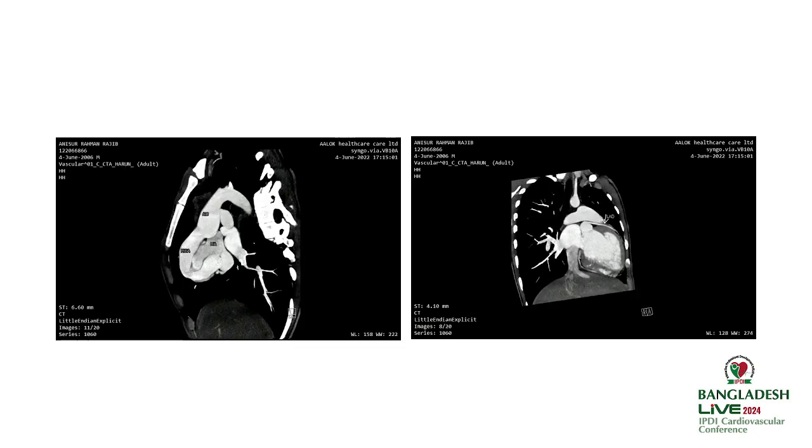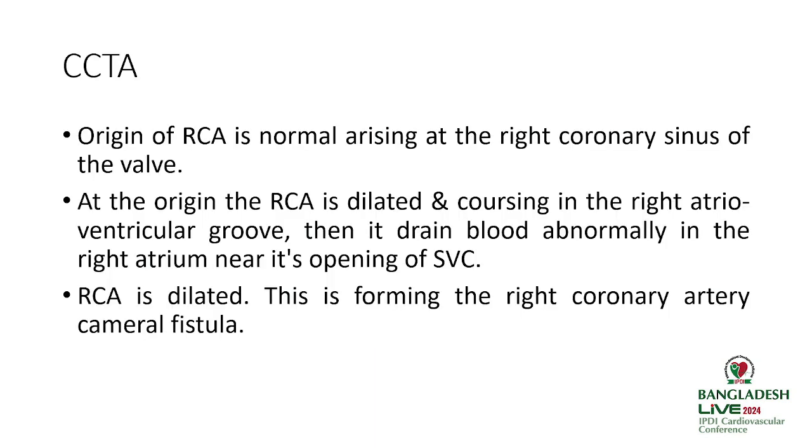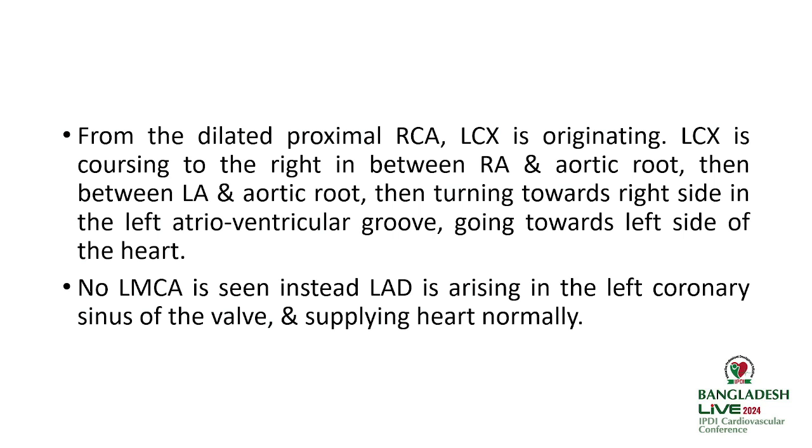And this is the sagittal section, and on the left side it shows that the LAD directly arises from the left coronary sinus instead of the left main coronary artery. And these are the final results of the CT coronary angiogram, which I already mentioned.